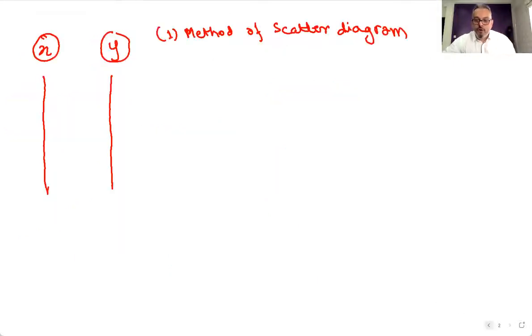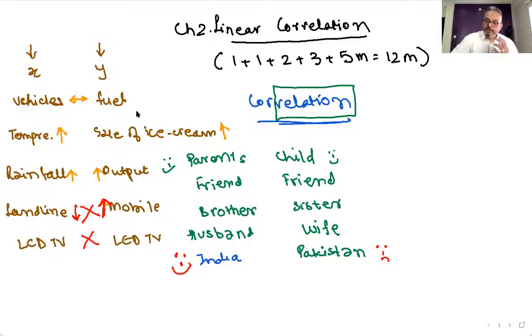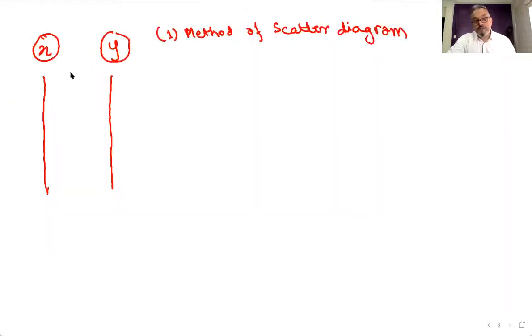Now, as you can see over here, we knew what these are, how they move, how they behave. So we were able to confidently say that this is a direct correlation or direct relationship between two variables. But what happens if we are just given numbers and we have to find out whether they are directly connected or inversely connected?